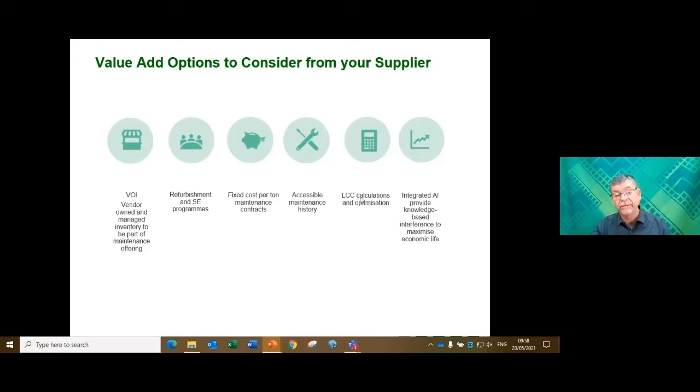It helps you to focus on the right elements going forward. And lastly, any supplier that is worth his salt nowadays will be able to provide or develop AI systems based on your plant and your requirements, in order to maximize uptime and minimize downtime, maximizing your revenue stream.